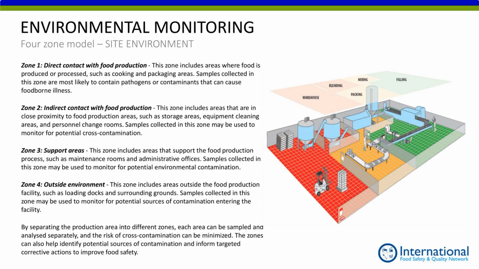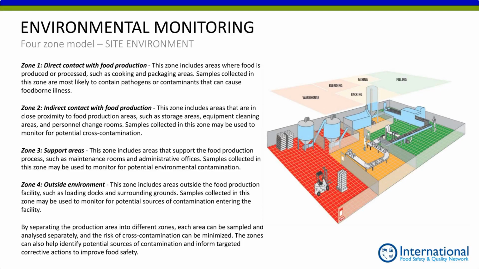You need to decide in which zone you have something that could be influencing the food that you are producing or handling. So zone 1 is the zone where you have direct contact with food production. So this zone includes areas where food is produced or processed, such as cooking and packaging areas. So it is controlled the whole area, cooking or the packaging area. Then samples are collected in this zone.